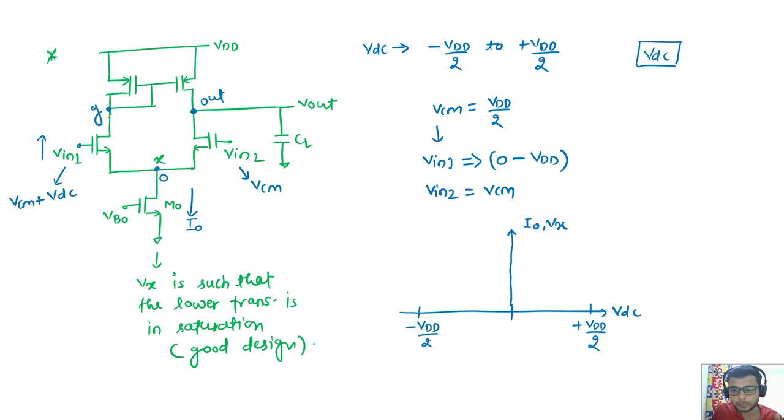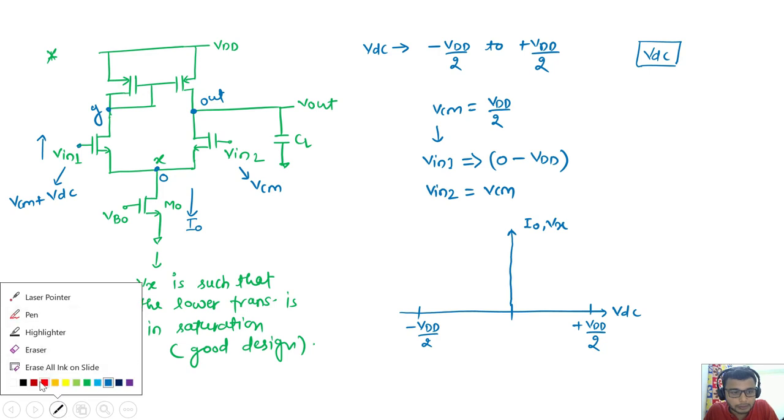If both the inputs are equal, and this voltage I call the common mode is enough so that M1 and M2 are both in saturation, and M0 is also in saturation, everything is fine, then Vx has some value. If any of the inputs is going low, Vx is also going low, but this variation is small. So when my V in 1 is near or exactly 0, because my VDC is minus VDD by 2, this Vx is also 0.